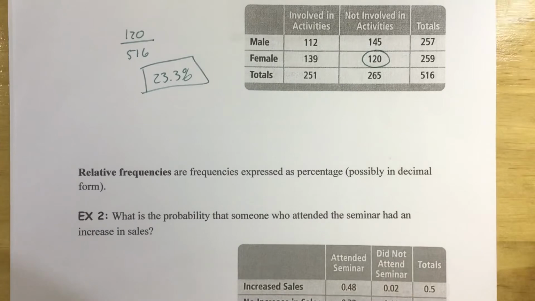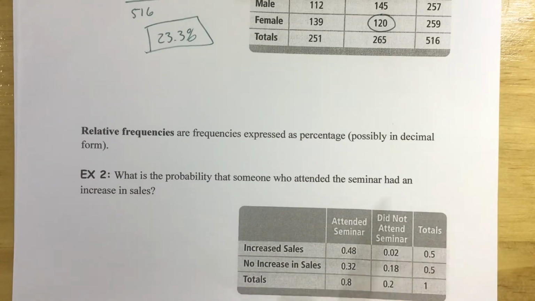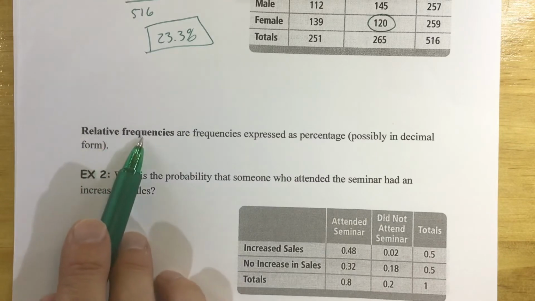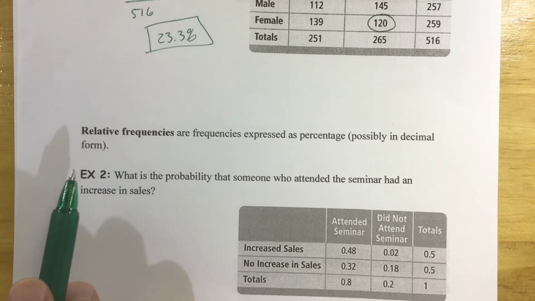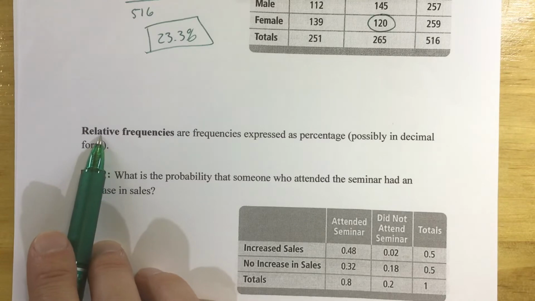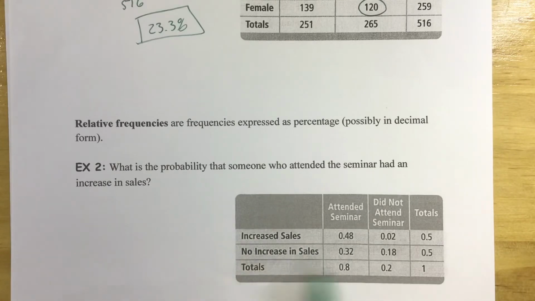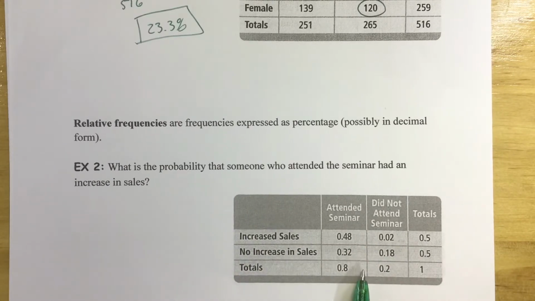All right, next, not much of a different thing that we're doing here. We just have these tables that are called relative frequencies. Anytime you hear the word relative, it means that we're thinking of stuff as a percentage. However, most of the time, the percentage is represented as a decimal. So if you take a look at the table here, it's a different topic.